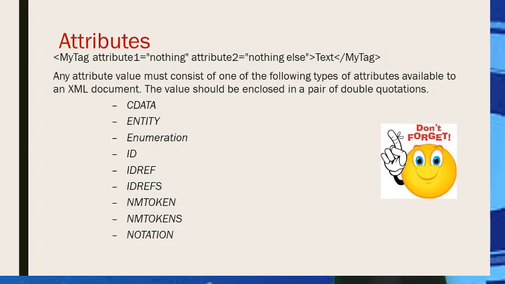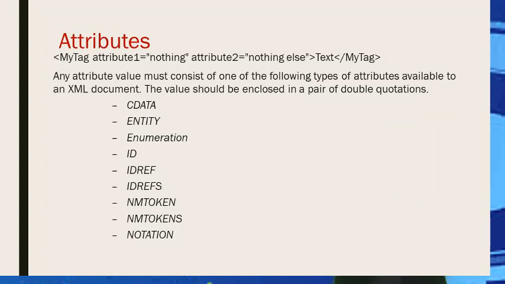So please remember that. Attributes can take different values. It can take text, it can take numbers, the ID of an element in the same XML, or it can sometimes take enumerated values.